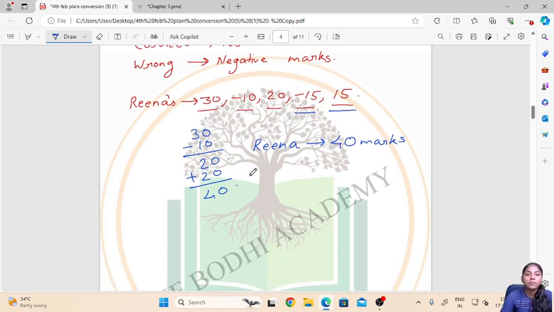So here another way that we can do this is, first we can add all the positive integers that we have. That is, the 30 plus 20 will get 50. Then all the negative integers, we have -15 and then -10.